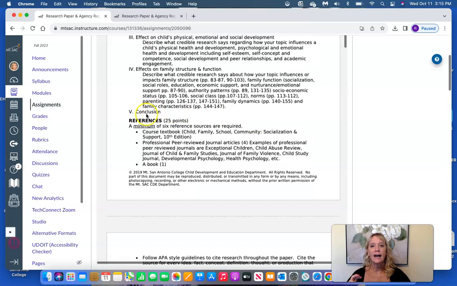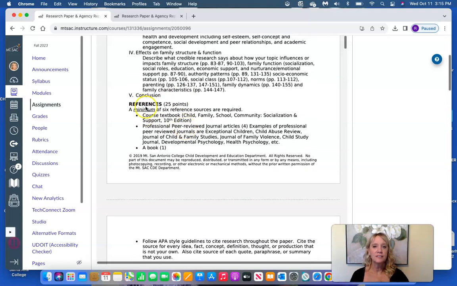And then the last is the conclusion, okay? Your conclusion is wrapping up everything, summing it up, a good paragraph. You're going to have a reference page, which is the last page, and you need 6 references, a minimum of 6.